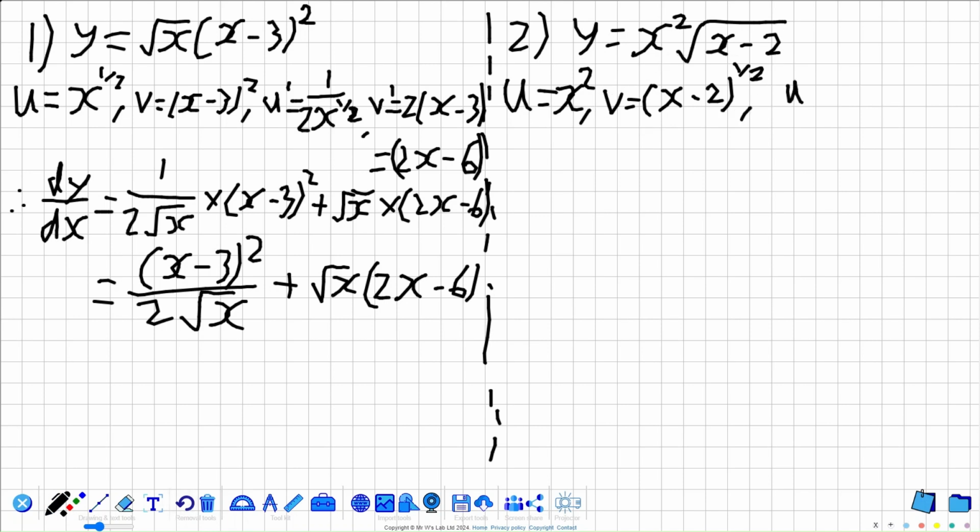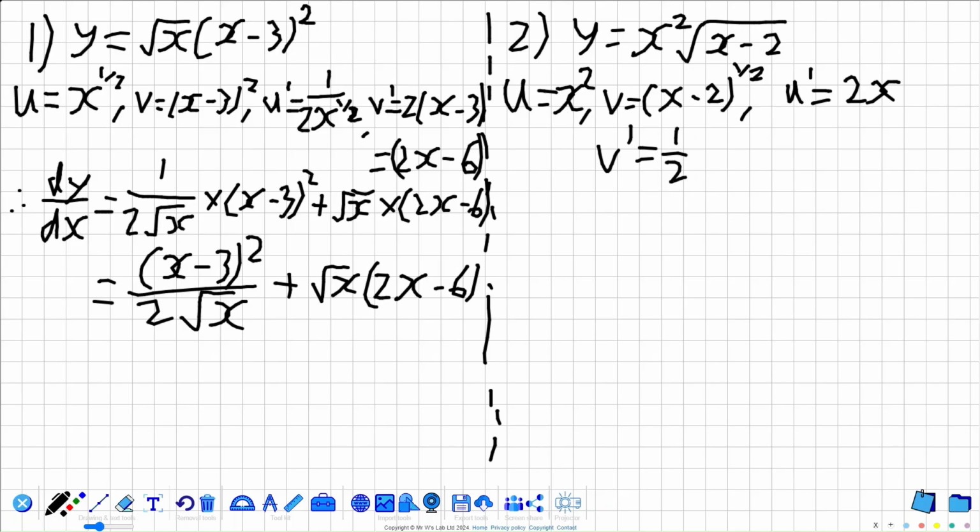We've got u dash equals 2x, and then I'll do v dash below. If I kept it as root x minus 2, obviously I could still follow this process, but it's clearer if I do it like this, because I'm doing the chain rule.